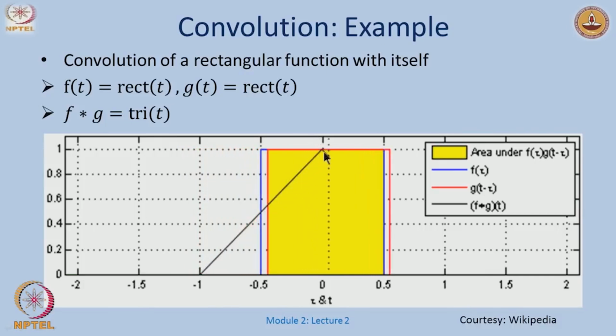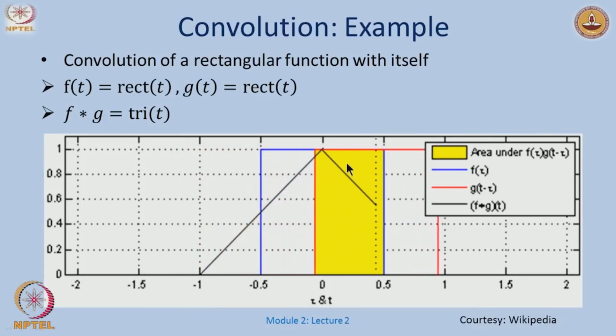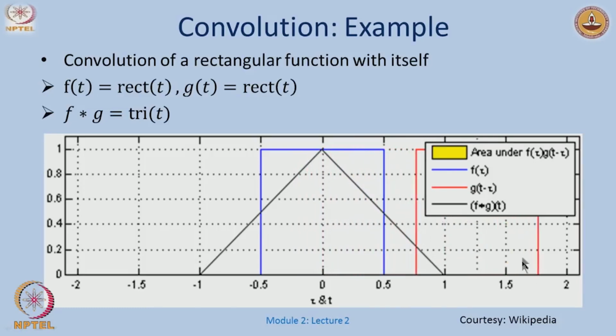The area reaches its maximum here, and then the yellow area keeps decreasing and goes to 0. So, the convolution of a rectangular signal with another rectangular signal is just a triangular wave, the black signal here.